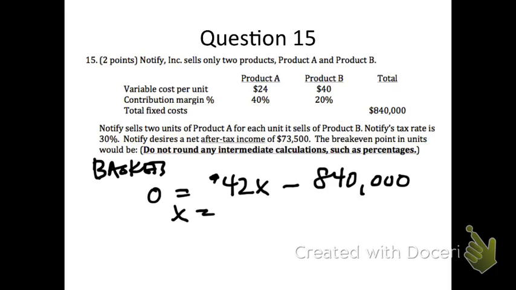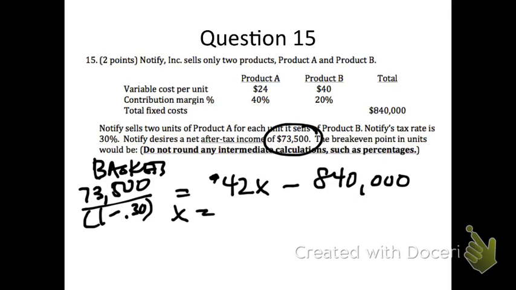I apologize, I forgot that we wanted an after-tax income of $73,500. So really, that's not 0. This is $73,500 divided by 1 minus the tax rate.